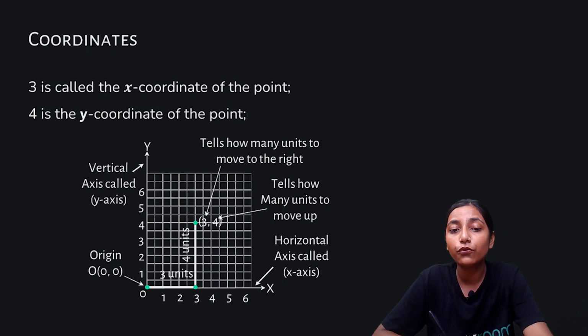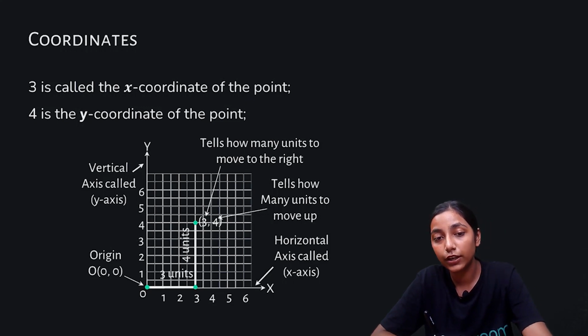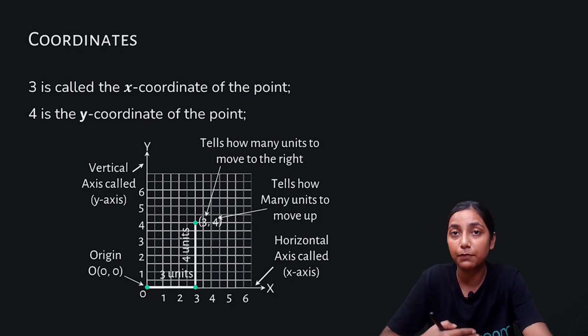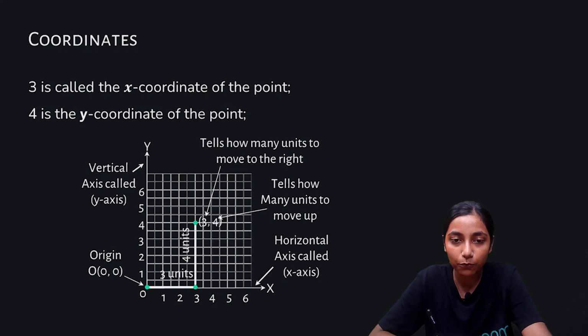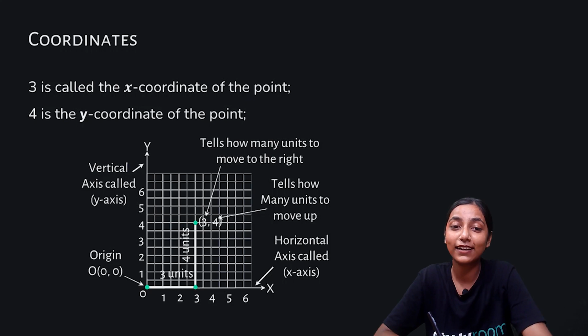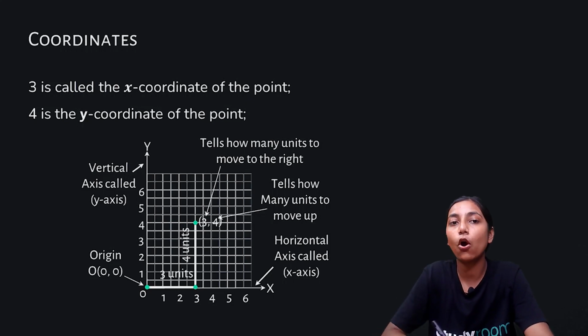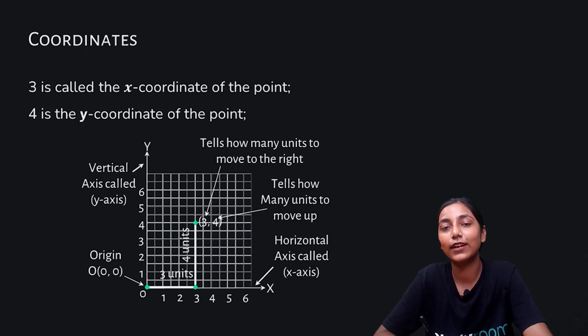So if we move 3 units to the right of the origin, we reach here, and this 4 says to move 4 more units to the upper side. So if you move 4 units upward, you see 1 unit, 2 units, 3 units and 4 units. Yes, you reach this green point. This is how you can locate a point, and these coordinates help us to locate a point.